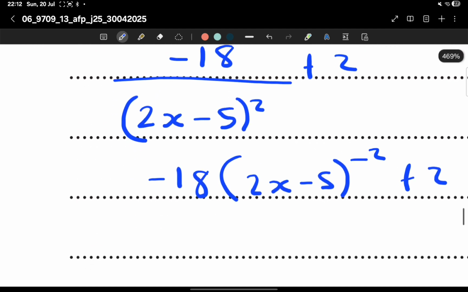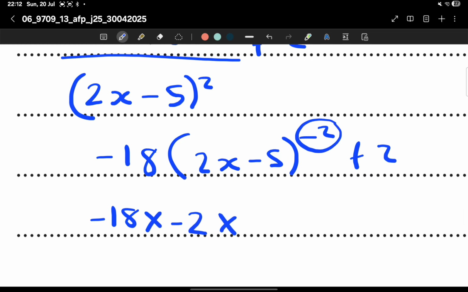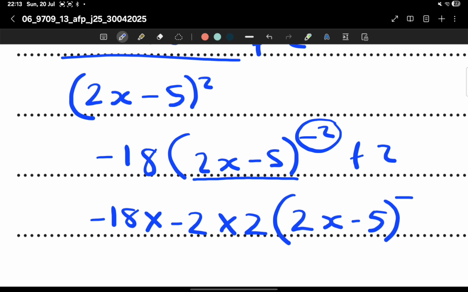So the second derivative will now be minus 18 multiplied by this power minus 2, multiplied by the derivative of the bracket, which is 2. Then we bring down this bracket, subtract 1 from this power to get minus 3.